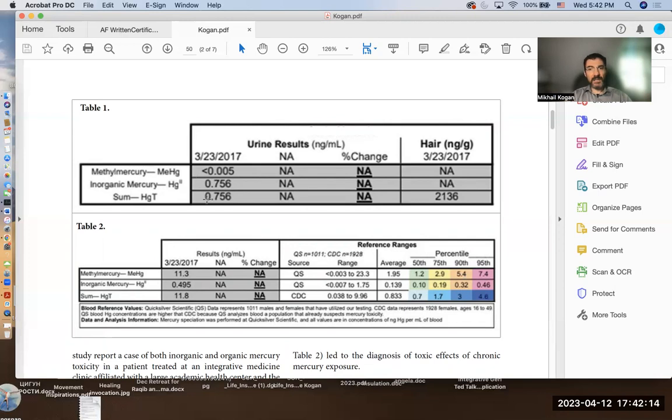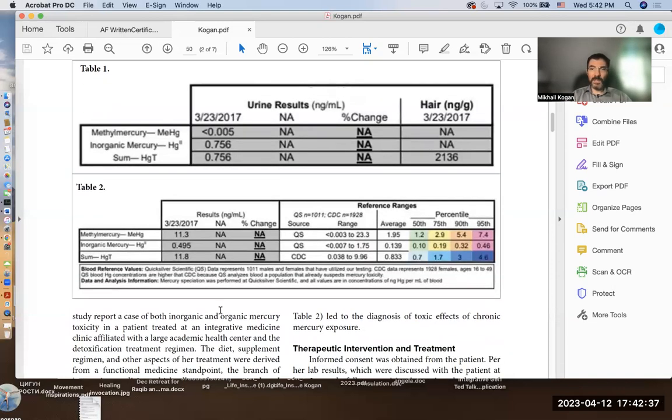And as you can see, she had both elevations. She was just above the 95th percentile for the inorganic mercury from amalgams, and mostly 11.3 here, or the 99th percentile or so, of the organic mercury. In essence, all the levels were elevated.